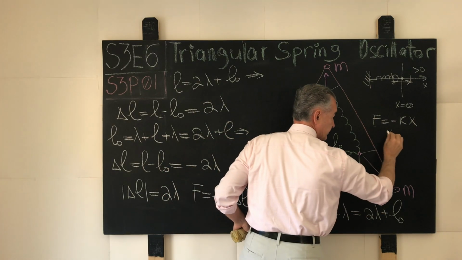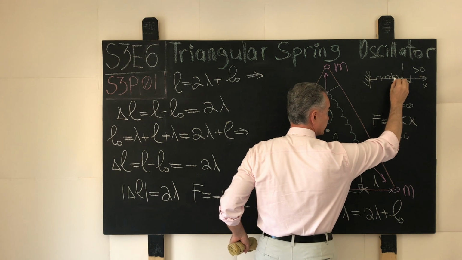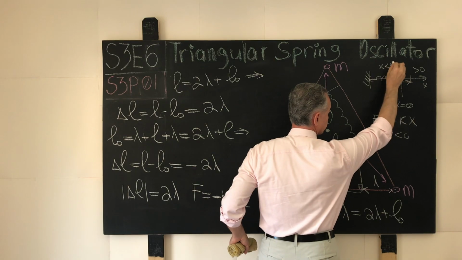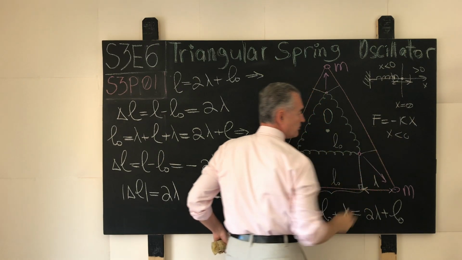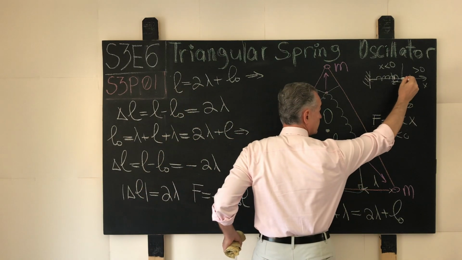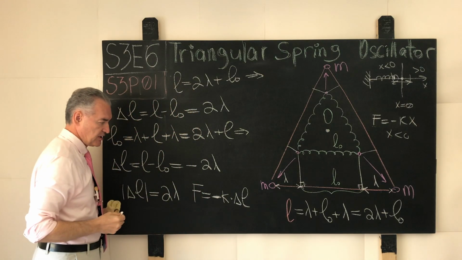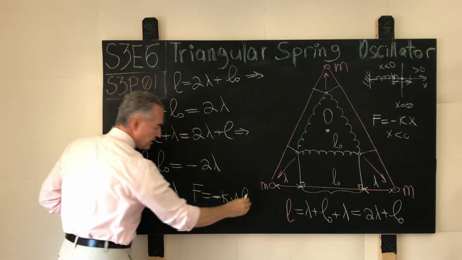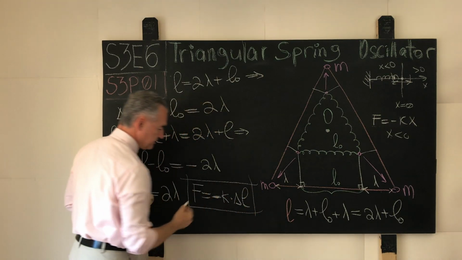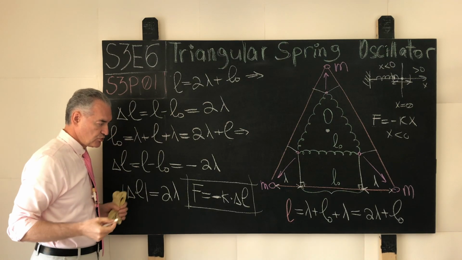And if x is less than 0, in other words, if the point that oscillates finds itself on this side, so x is less than 0, then this force will be positive. It will try to push that point back into the point that corresponds to the stable equilibrium of the system. And this is basically, fundamentally, ideally, the fact that you guys were supposed to deduce on your own.